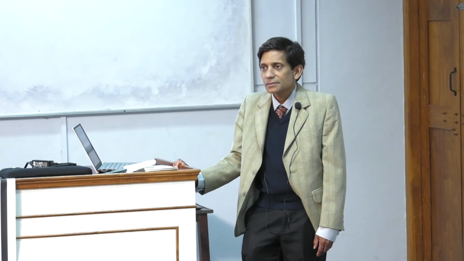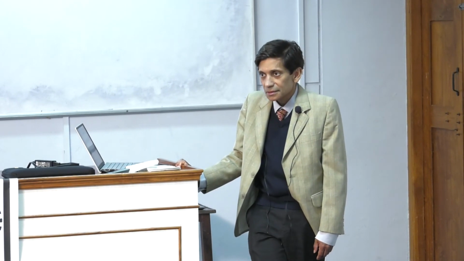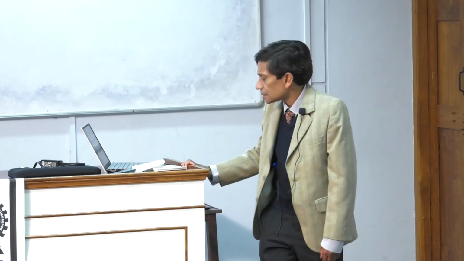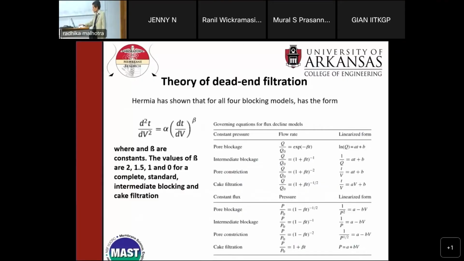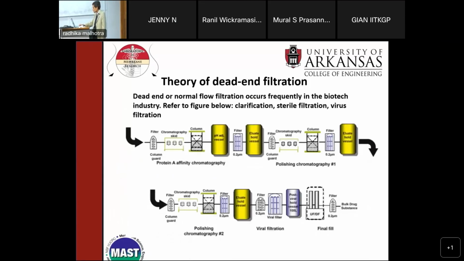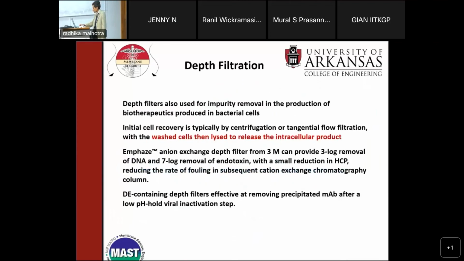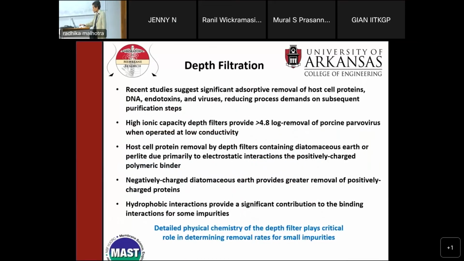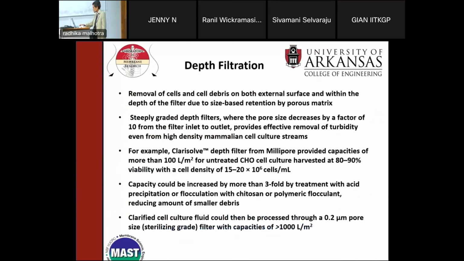You said you are going to use non-treating agents, right? Yes. Yeah, typically I didn't talk much about it, but people use things like chitosan. It was before this, right? Yeah, somewhere here. Turbidity here, right?